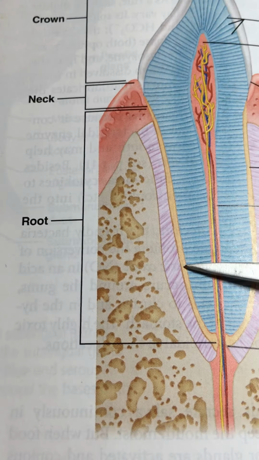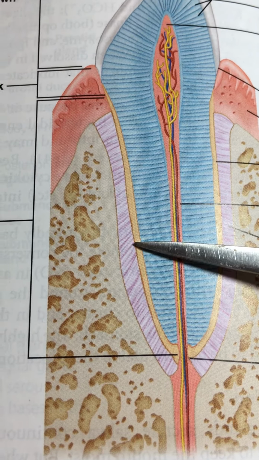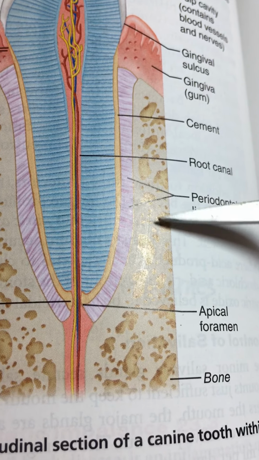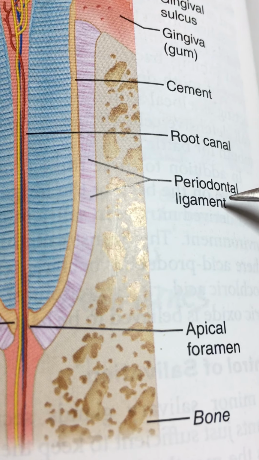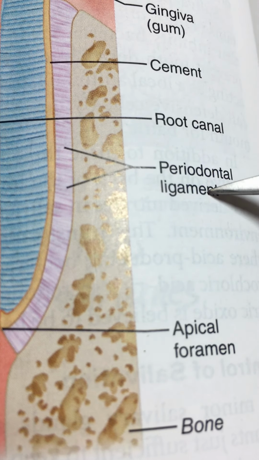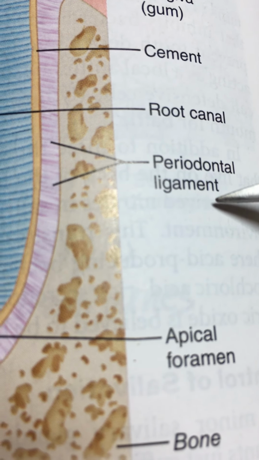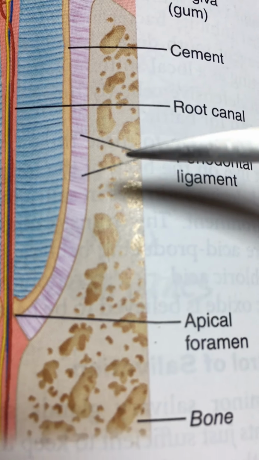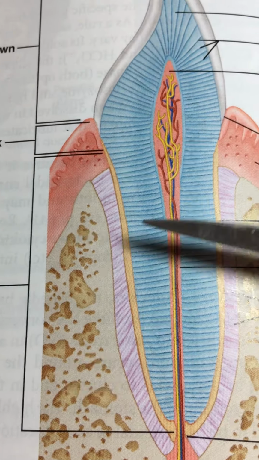The root is associated with the bone through a ligament, in this case the periodontal ligament, and we call that a gomphosis. The periodontal ligament, because it's a ligament, is dense regular connective tissue, and the collagen bundles are parallel to each other, forming a ligament that holds the root of the tooth to the bone.